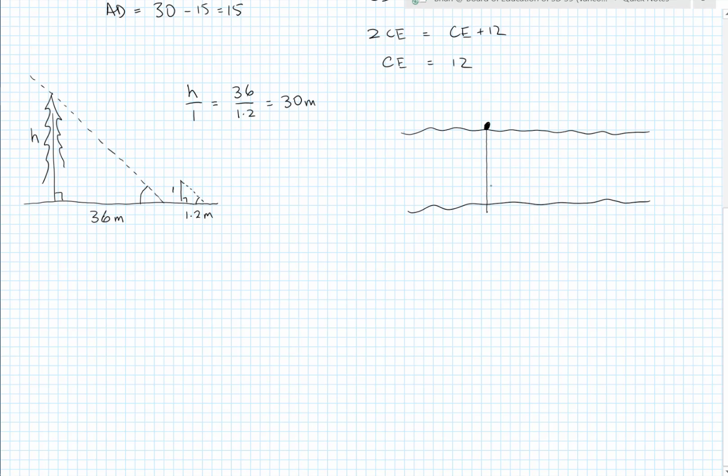So again, we're going to need a fortuitous place to do this. And then we're going to walk down the riverbank at a perpendicular to the sighting across the river. If you have any kind of rudimentary tools, it wouldn't be too hard to get this kind of right angle.